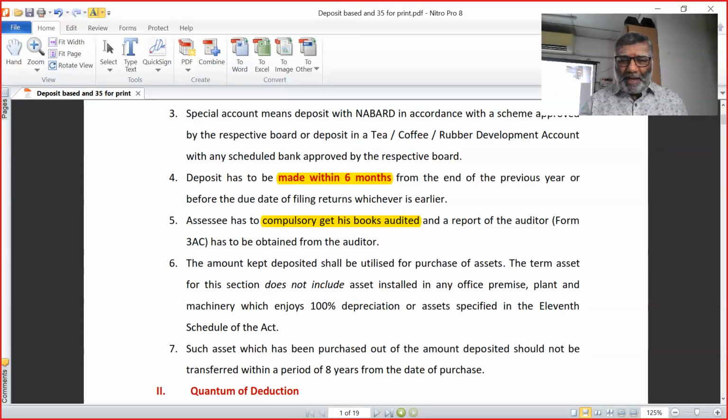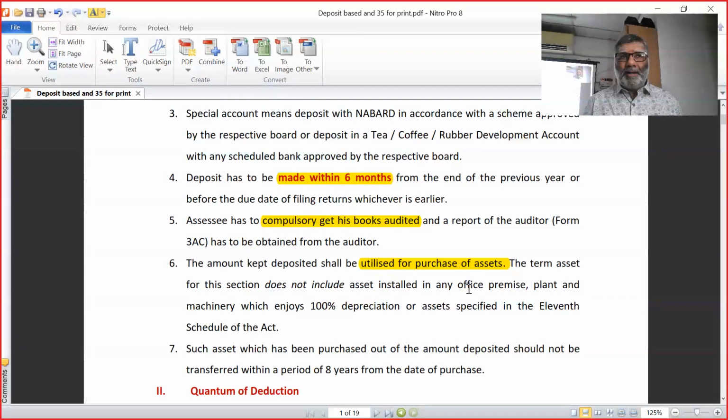The amount kept deposited should be utilized for purchase of assets. What should the money be utilized for? The amount kept deposited should be utilized for purchase of asset, and the asset does not include office premises, plant and machinery which enjoys 100% depreciation, or whatever is in the 11th schedule, that is whatever you saw there, new plant and machinery, that definition.